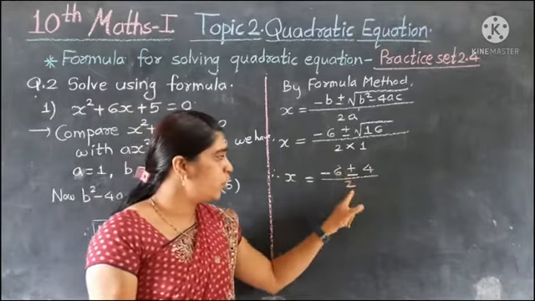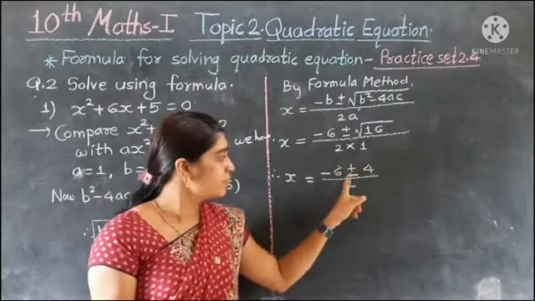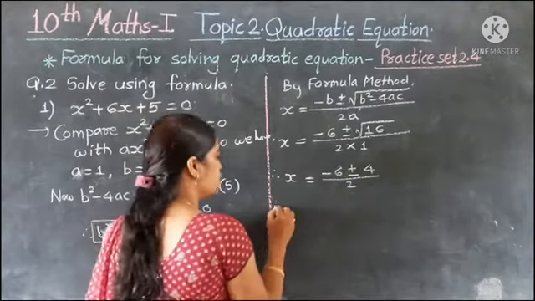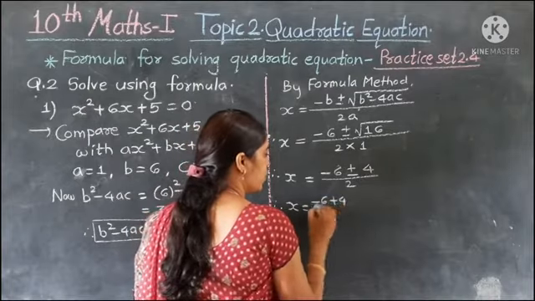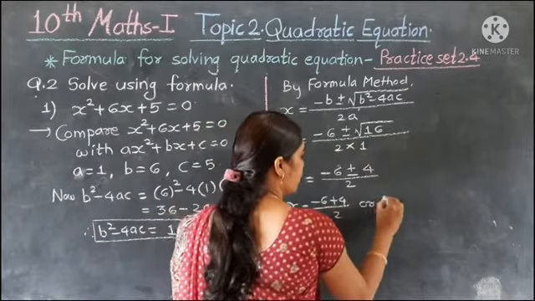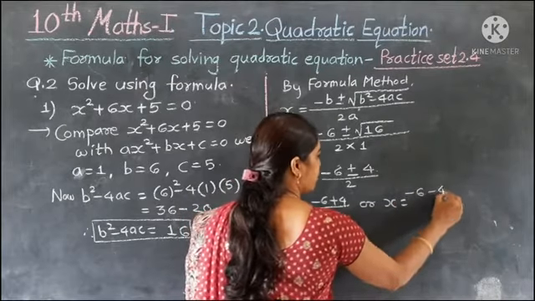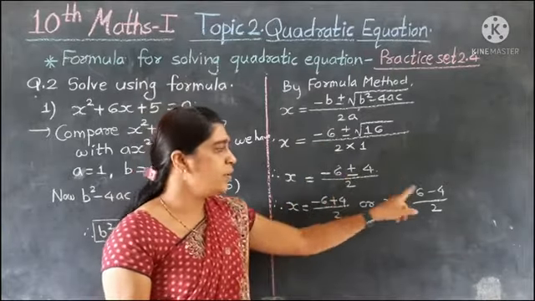Here you do not divide directly, because there is a plus minus sign. So you take x is equal to minus 6 plus 4 upon 2, or x is equal to minus 6 minus 4 upon 2. First you take plus and then you take minus.